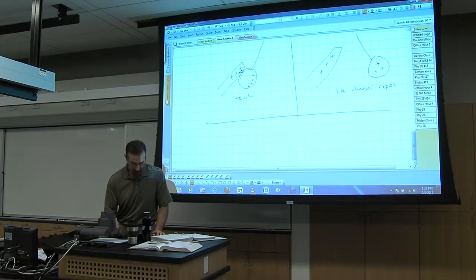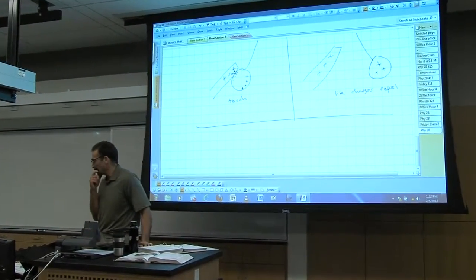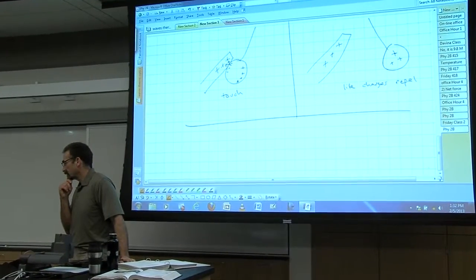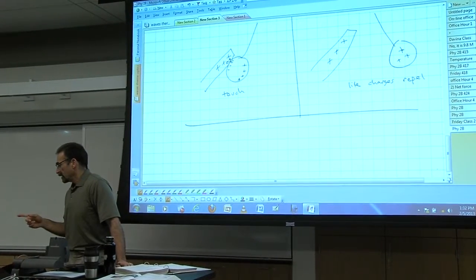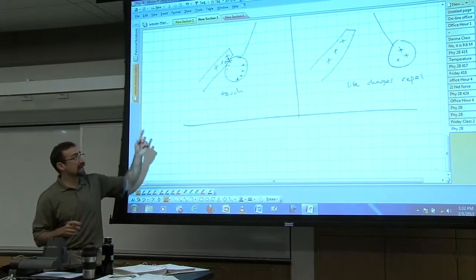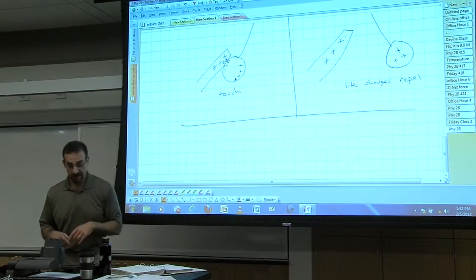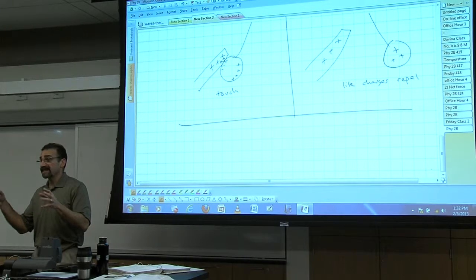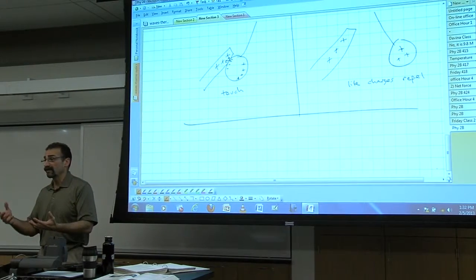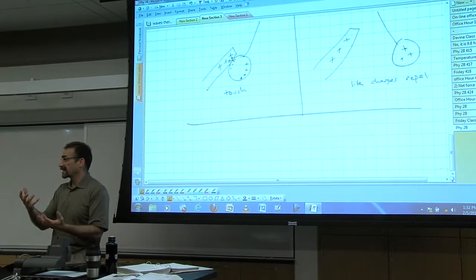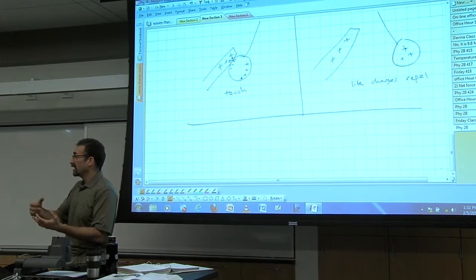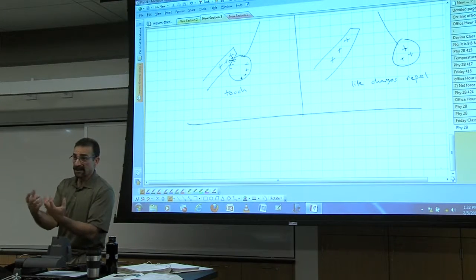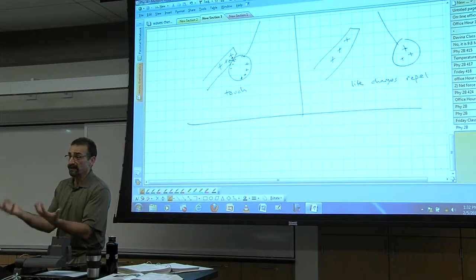Okay, let's look at a couple of other examples. Let's see. So this was a conductor, and maybe it's easy to see why we would get this in a conductor, right? Charges are free to move. We put a charged object up next to that conductor, and it's going to exert forces on the charges in the conductor, and they're free to move, so they're going to move.